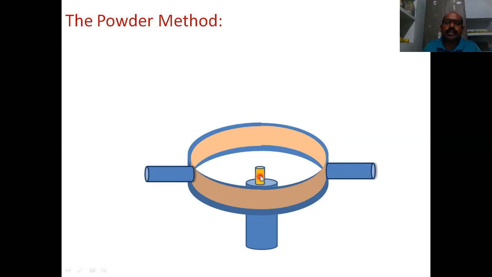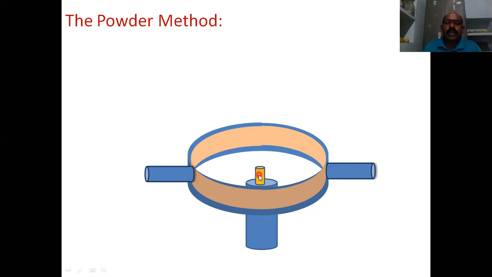Sometimes we keep a wire here and the total powder is stuck to that wire. In that way we take the sample, in a capillary tube of very small dimension.